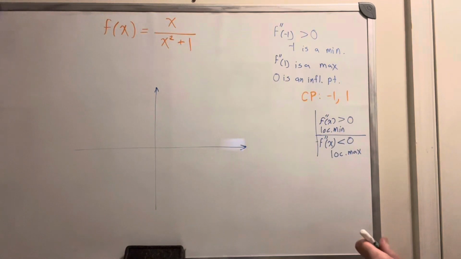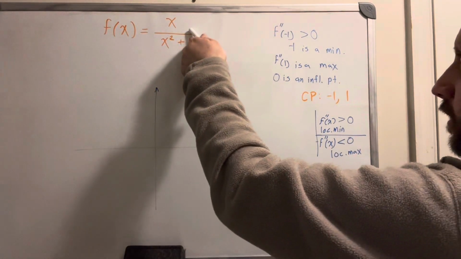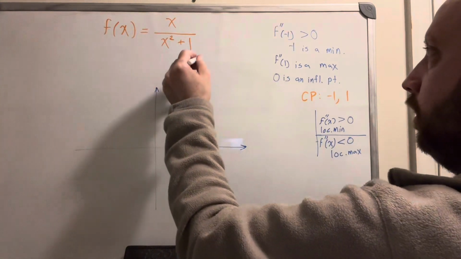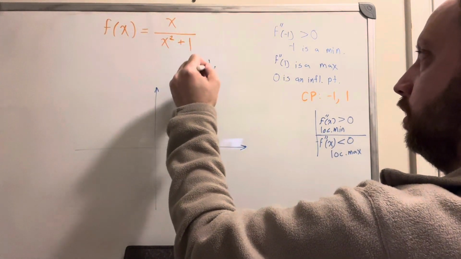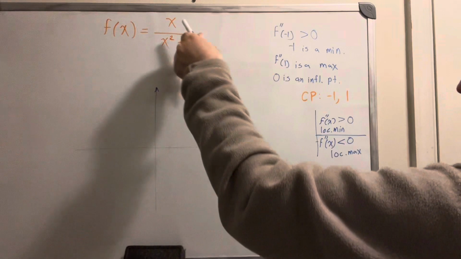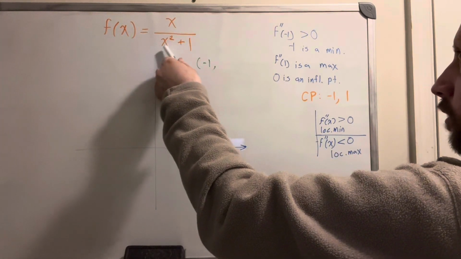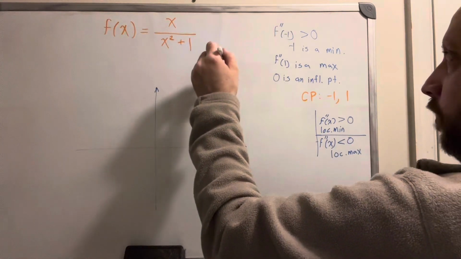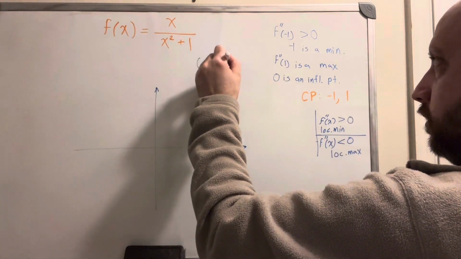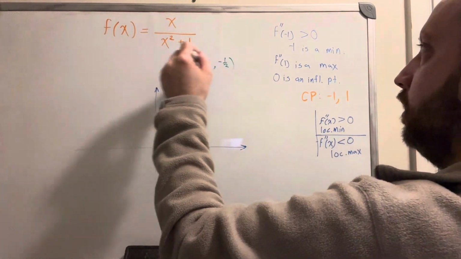And negative 1 is where a minimum occurs. So what is the value of this function at negative 1? Well, we plug in negative 1 here. Negative 1 squared is 1. 1 plus 1 is 2. So negative 1/2 is a minimum.